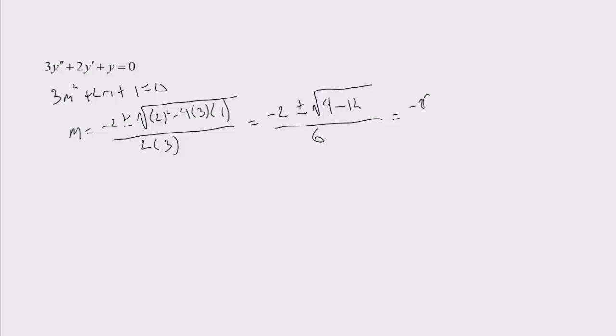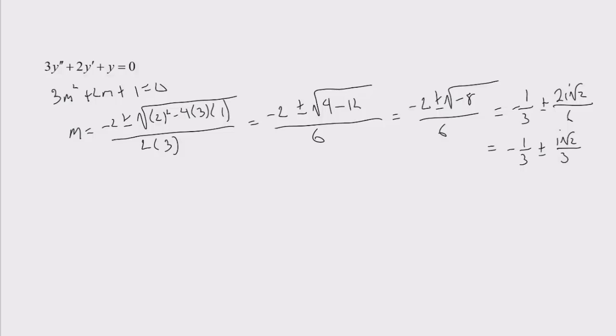So negative 2 plus or minus the square root of negative 8, which is going to give me negative 1/3 plus or minus, that would be 2, so 2i square root 2 over 6. So negative 1/3 plus or minus i square root 2 over 3.